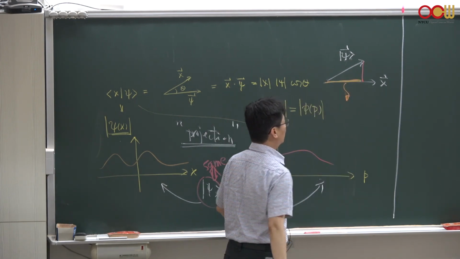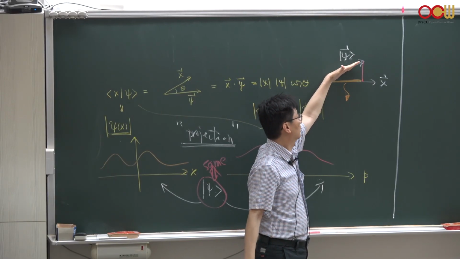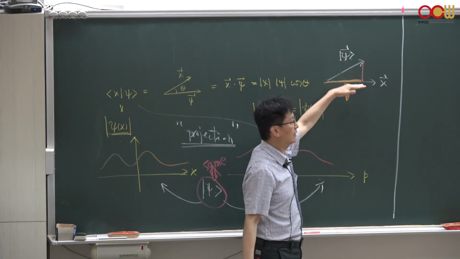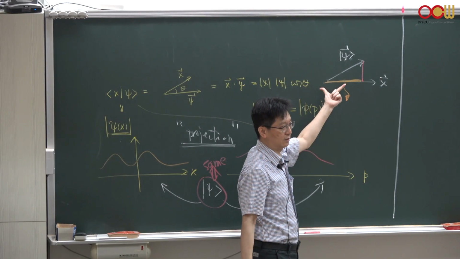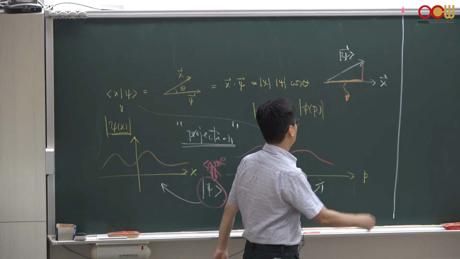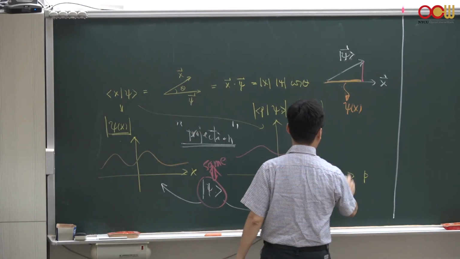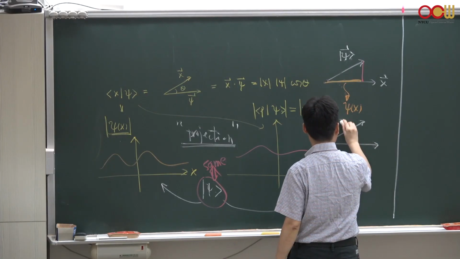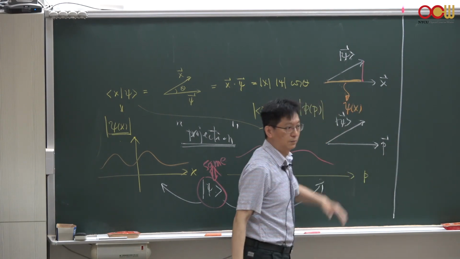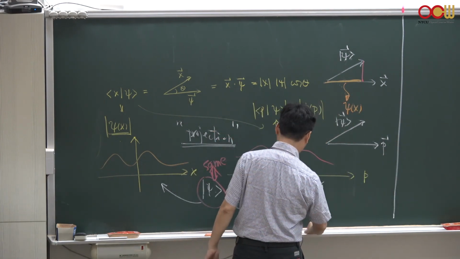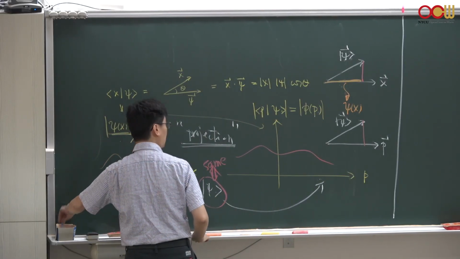So suppose I do this quantum mechanically, and I project this Dirac state psi onto the x eigenbasis, and what I get is this orange line, right? High school mathematics, inner product. And what is this in quantum mechanics? Well, this is nothing but a Schrödinger wave function. And I can also project this psi state onto the momentum eigenbasis, and what the projection tells us is the momentum space wave function, right?